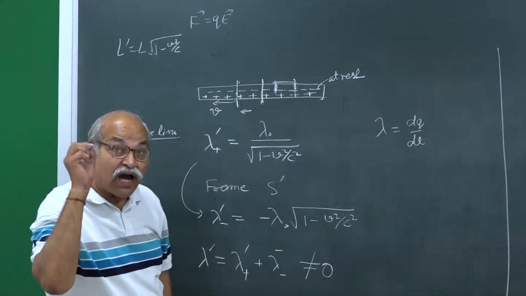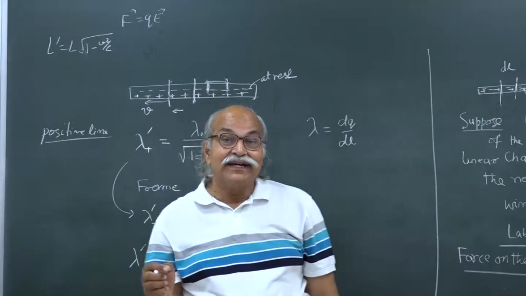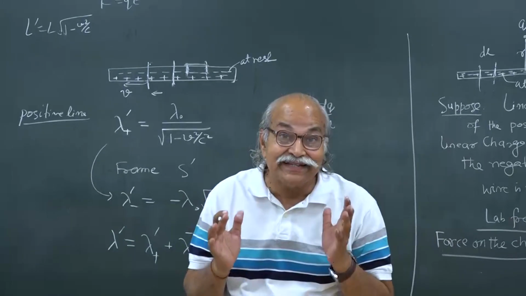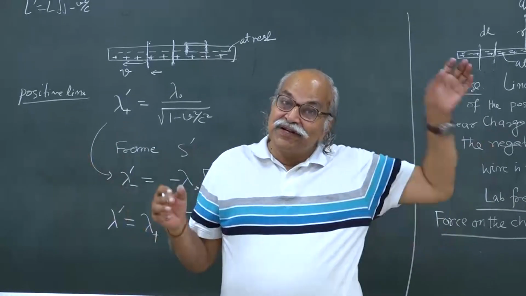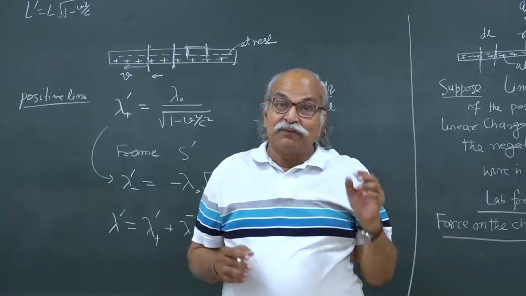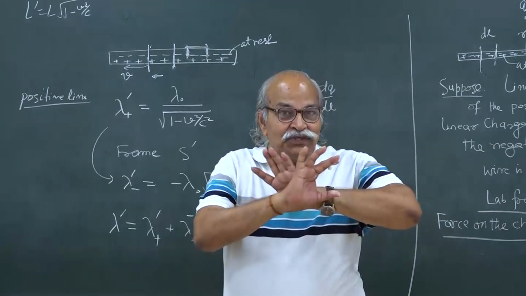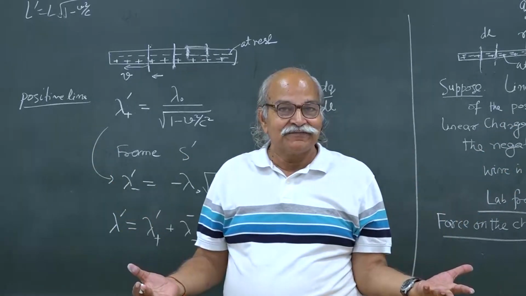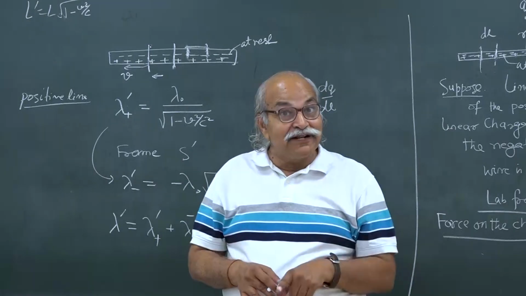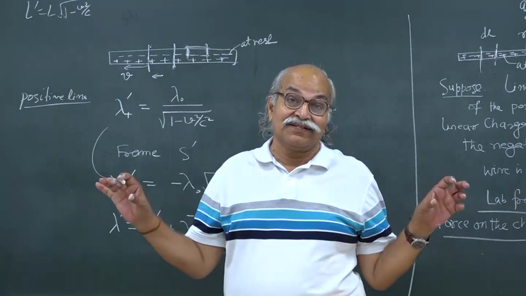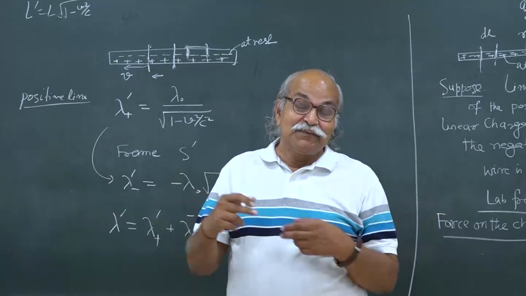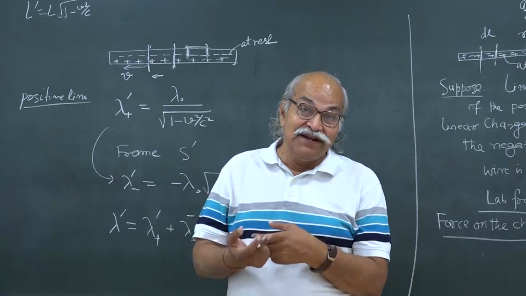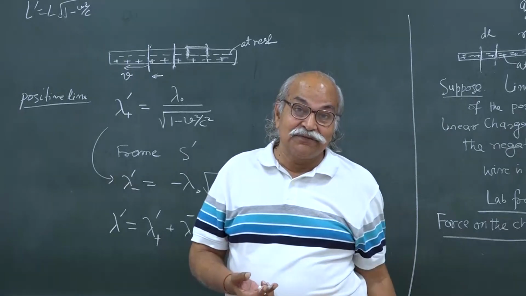Your wire is charged, your wire has a finite charge density, and everywhere this dl you can take anywhere on the wire. From the lab frame, there is no charge density on the wire, positive and negative charges just balance each other. But from this trolley frame, your wire is charged, and if it is charged, it will produce an electric field, and you can see what will be the direction of the electric field.